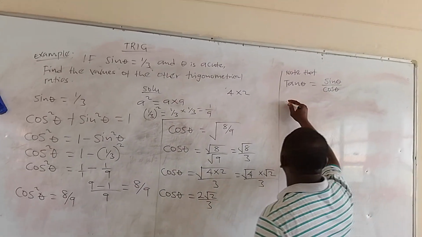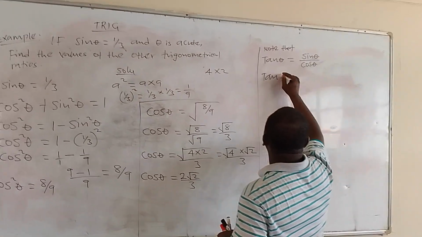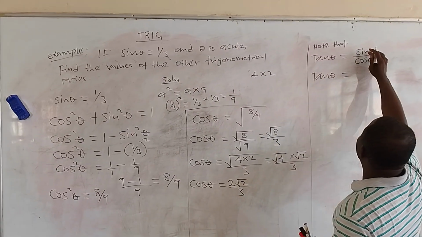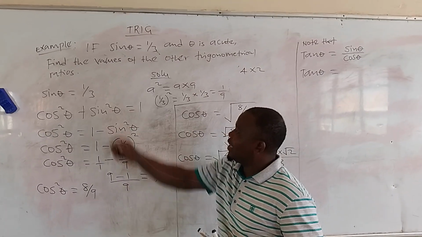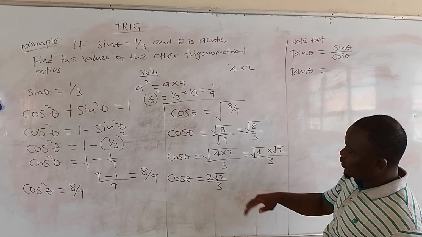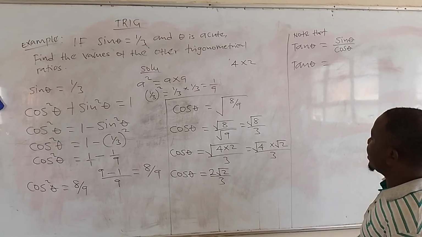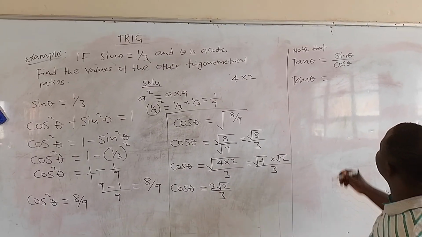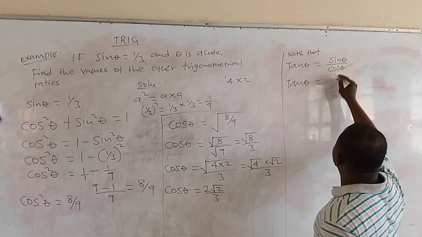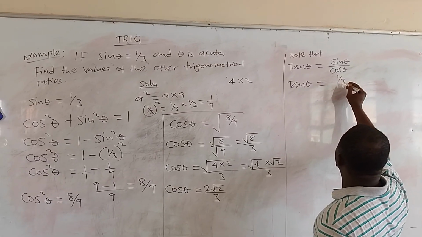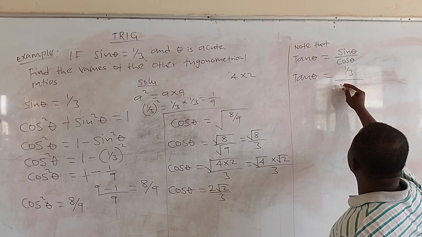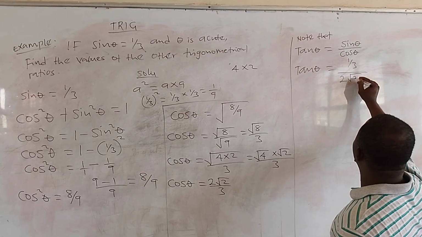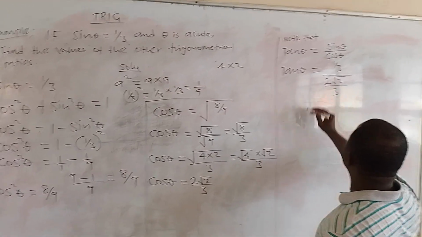So now our tan theta is equal to our sin theta, which has been given as 1 all over 3. Then we solve to obtain cos theta as this. So now instead of sin theta, we write 1 all over 3, all over, instead of cos theta, we write 2 root 2 all over 3.